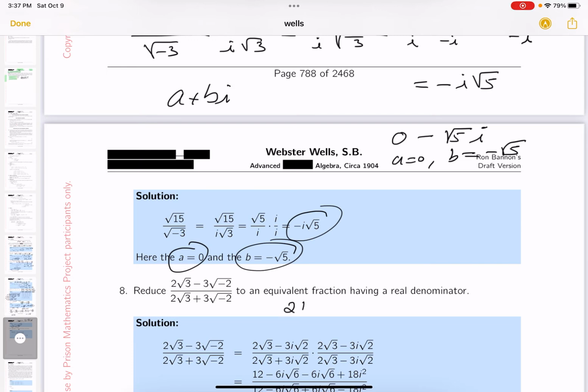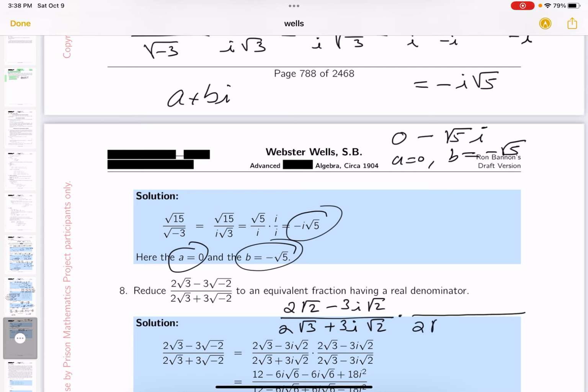I'll put this over here, 2 root 3 minus 3i root 2. And on the bottom, you get 2 root 3, let's see, plus 3i square root of 2. I need to get rid of the i in the bottom. And the way I'm going to do that, multiply by the conjugate.